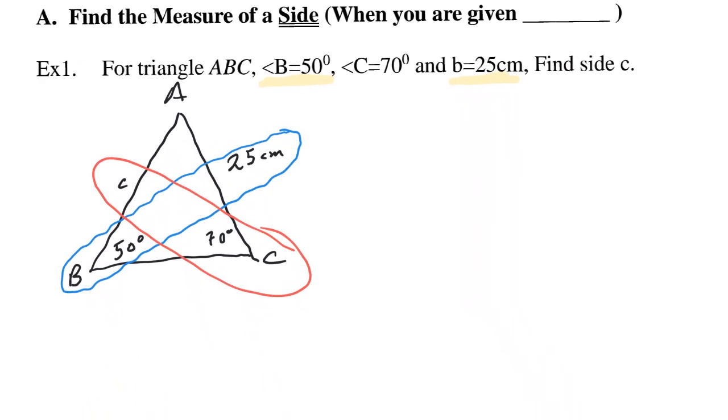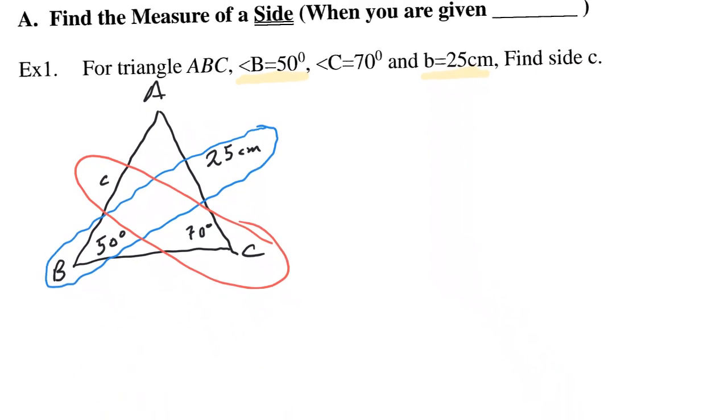So if we're looking at our problem, we're literally going to have this. Remember, what we're looking for is on the left side. So you're going to get C over sine C equals B over sine B. And you know you got it right if the right side has all numbers on it, okay?